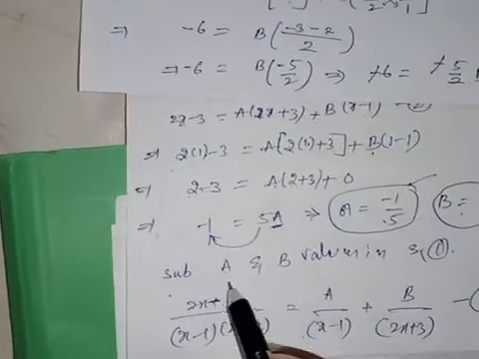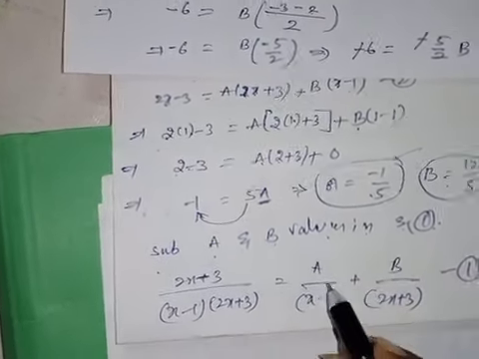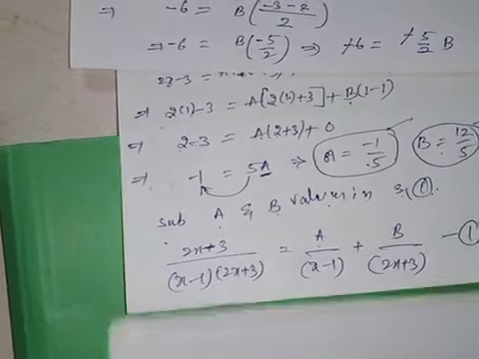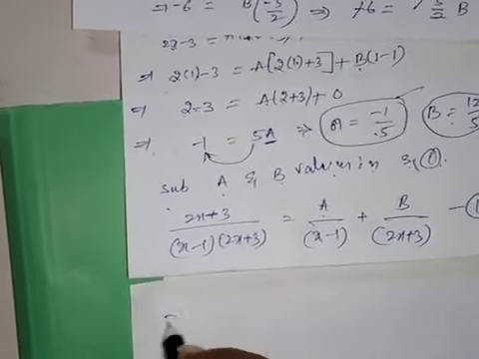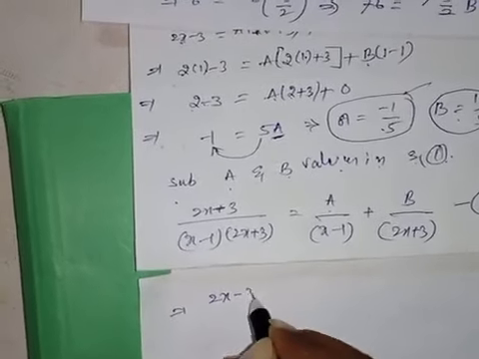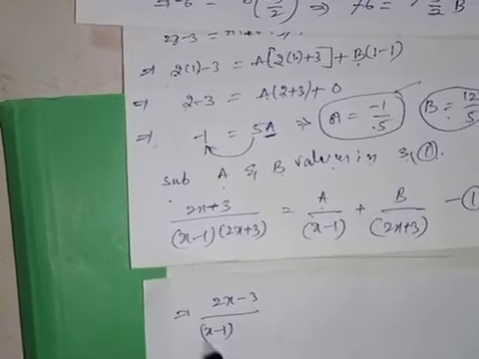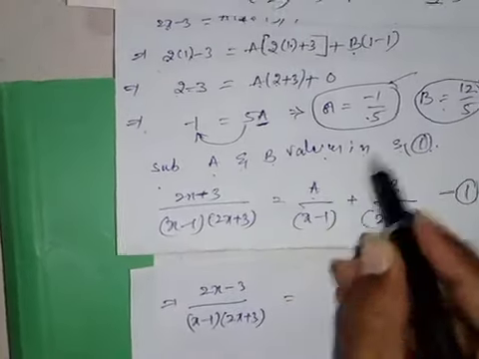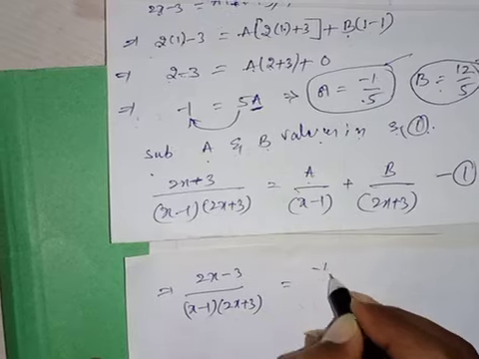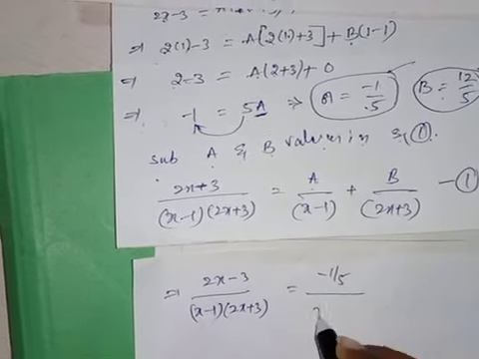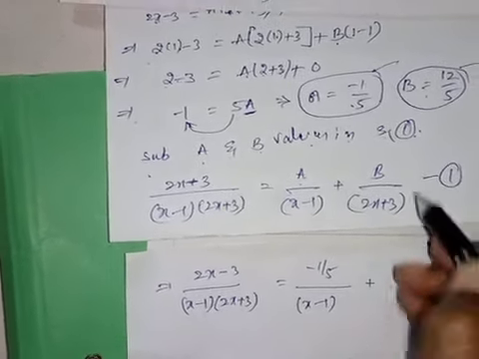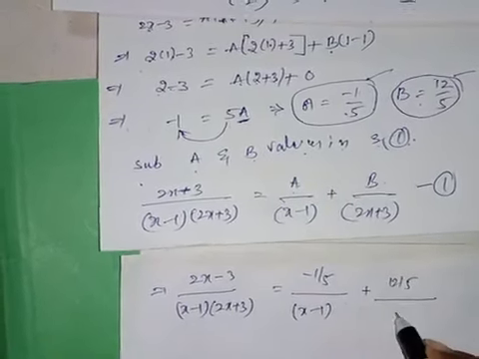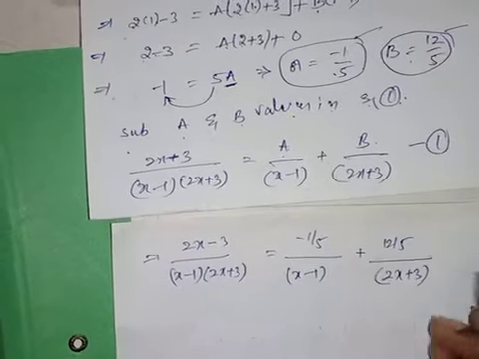Now substitute the a and b values in equation number 1. This is the a value, this is the b value. Substitute those values in equation number 1. LHS value: 2x minus 3 upon x minus 1 into 2x plus 3, which is equal to a, the a value is negative 1 by 5, whole upon x minus 1, plus b, the b value is 12 by 5, upon 2x plus 3.